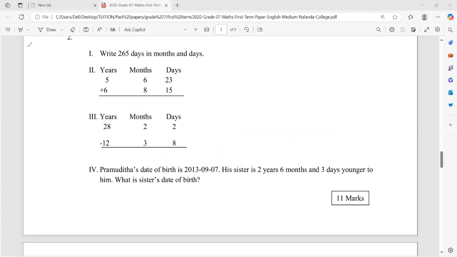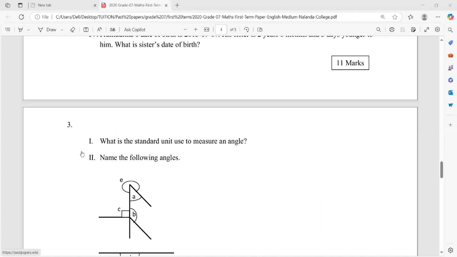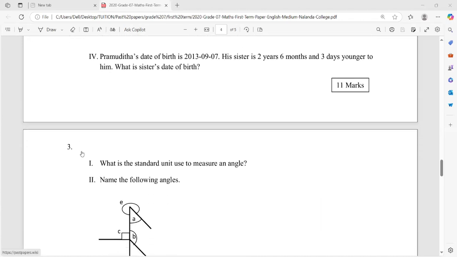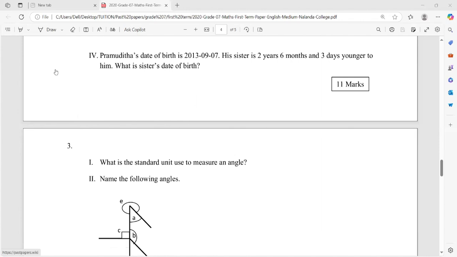Okay, now let's go to the fourth part of this question. Pramudita's date of birth is 2013, 9, 7. His sister is 2 years, 6 months, and 3 days younger than him. If she is younger, she has to be born after Pramudita's birth, right?